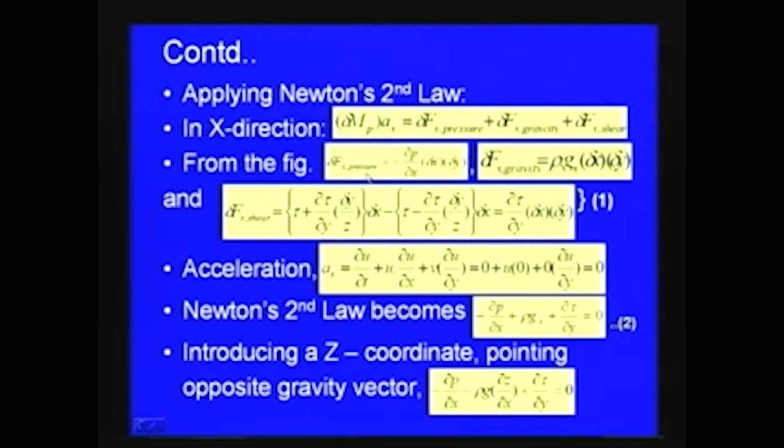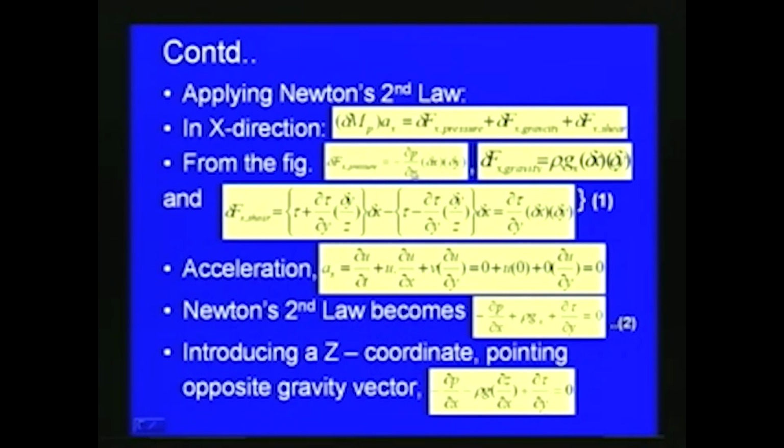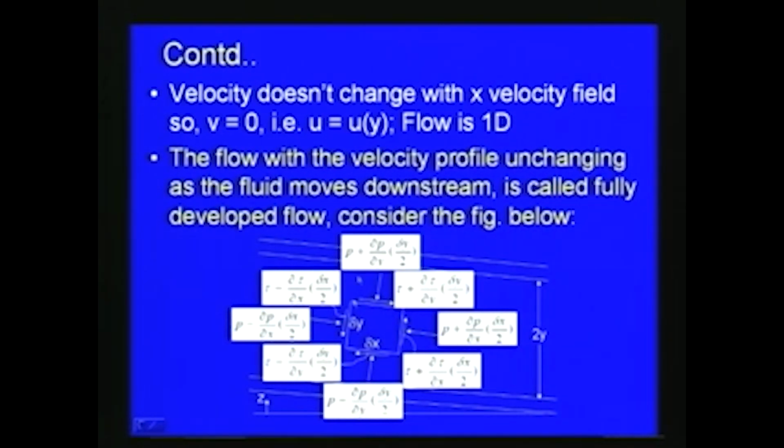From the earlier figure, we can see that the pressure component in the x direction is delta fx pressure equal to minus del p by del x into delta x into delta y, and similarly for the gravity force. So, the shear force as well as the pressure force and, of course, the gravity force also we have to consider for this problem.